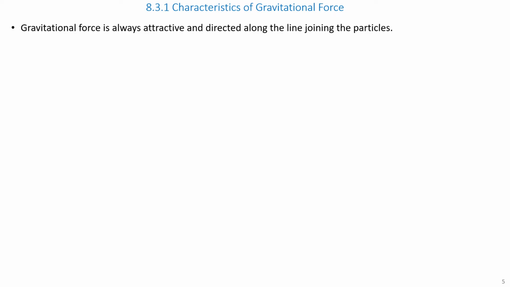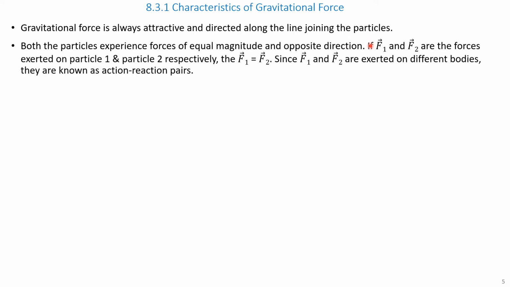Characteristics of gravitational force. We have studied the basic definition and some important points about gravitational force. Now we will study the characteristics of gravitational force. Gravitational force is always attractive and is directed along the line joining the particles.